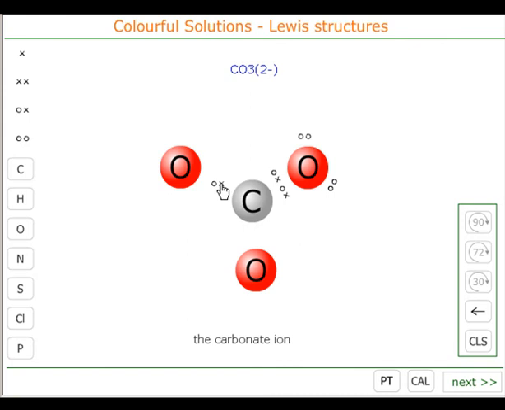So we can make 1 bonding pair here. And now the oxygen has only got 7 electrons of its own. And let's put this electron down here.